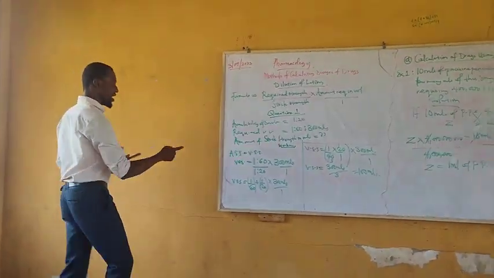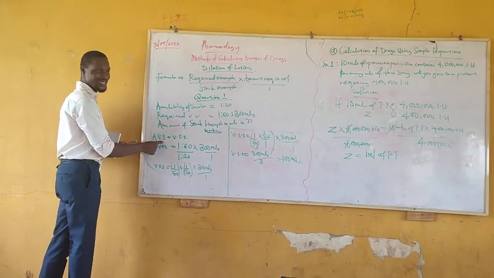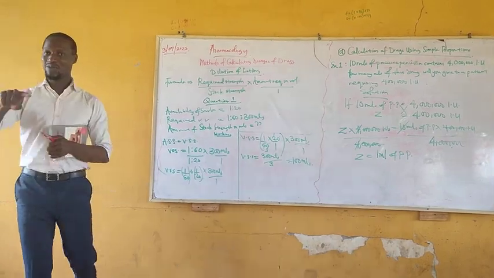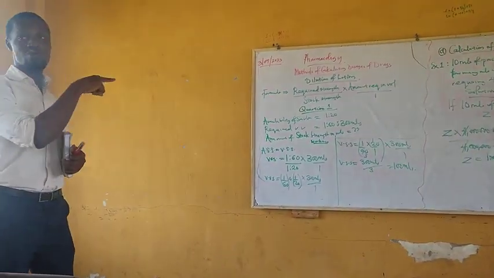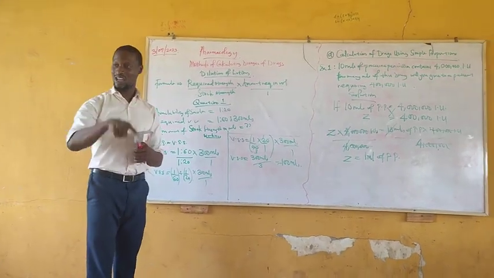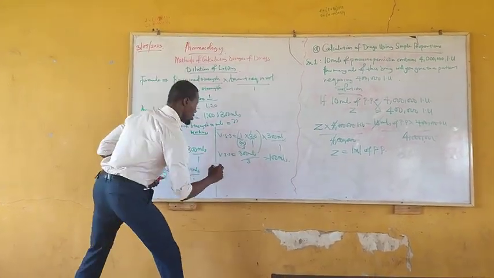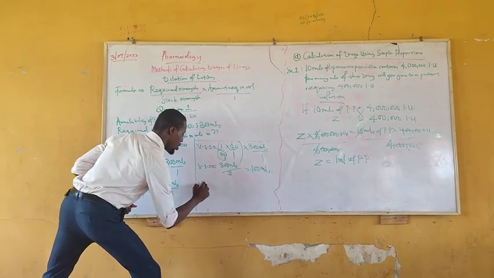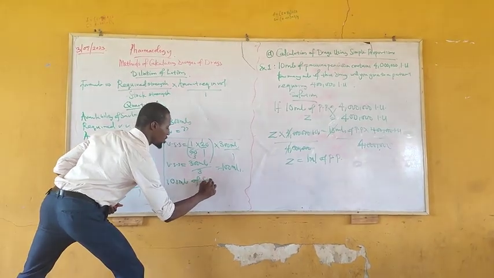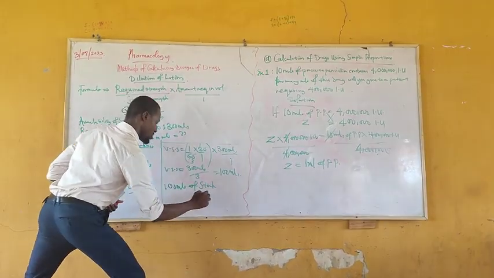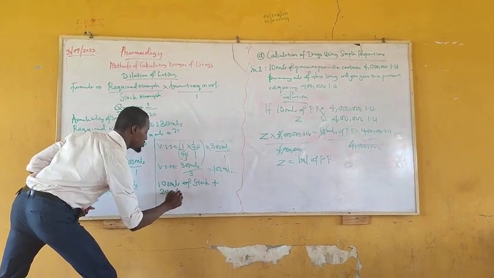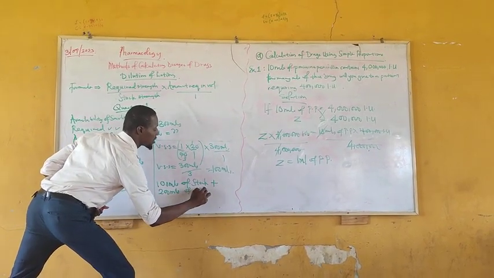So what did we calculate? The amount, or volume, of stock strength needed to make 300 mils of the required solution. Everything we are going to make will be 300 mils. So it means that we will take 100 mils of stock strength, plus 200 mils of water.